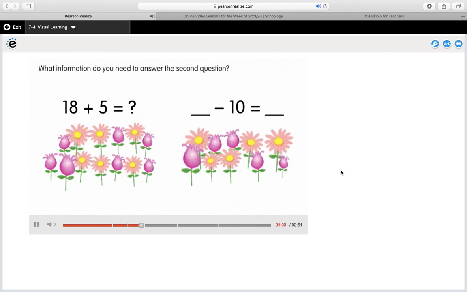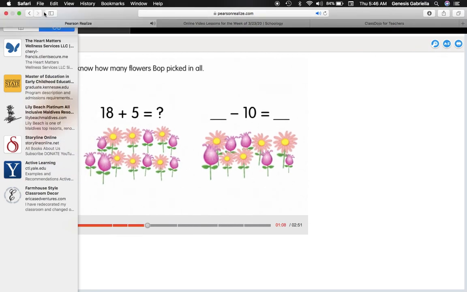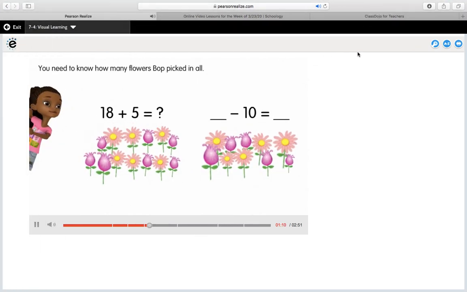What information do you need to answer the second question? First, we need to figure out the total of this problem. And whatever answer we get here that would fill in this question mark, we bring that number over here, right? Because we're subtracting 10 from the total they get, which is what we will get here. You need to know how many flowers Bob picked in all.